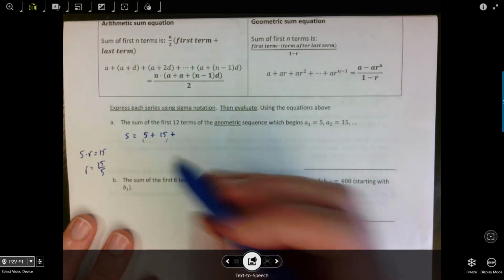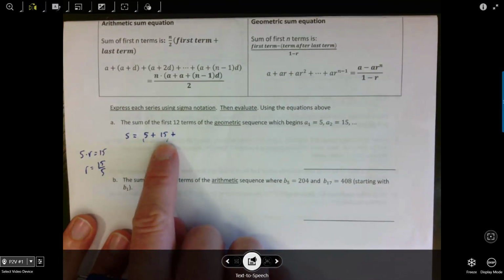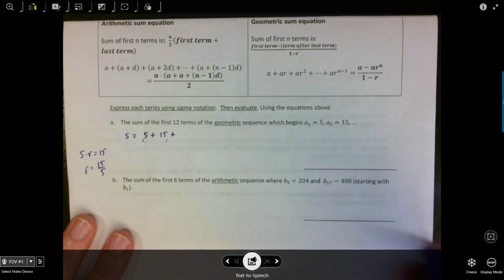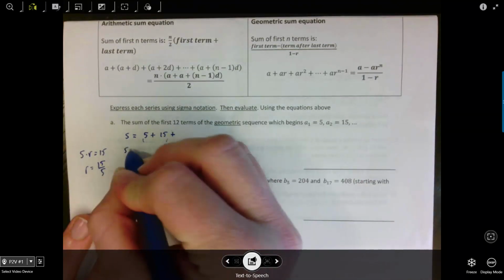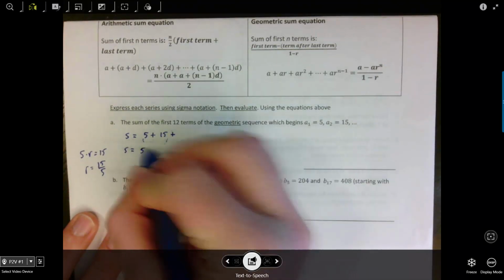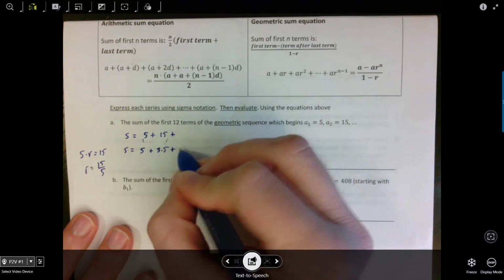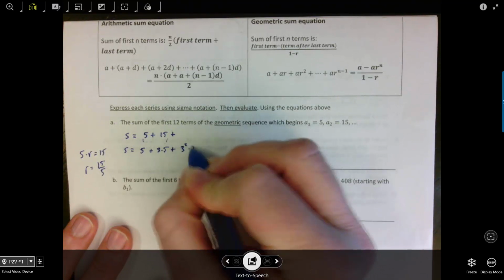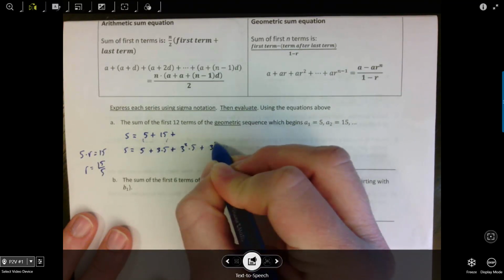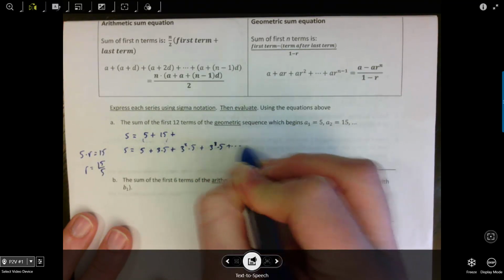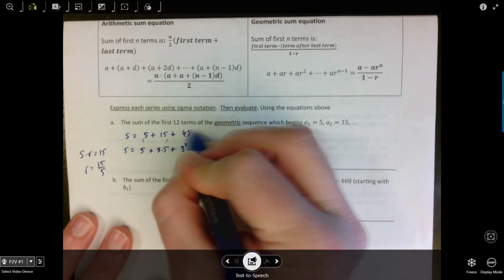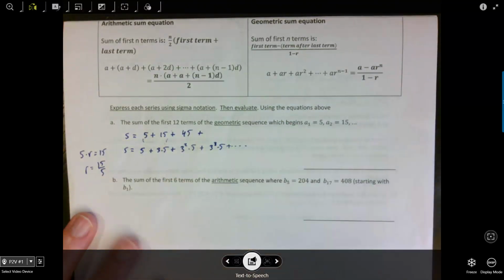Okay, so that's 3, which you could have just seen by looking. If I wanted to rewrite this expressing the structure more clearly, this is 5, and this is 3 times 5. And then the next one would be 3 squared times 5, and then 3 to the third times 5, and so on. So this would be 45, and so on. All right, let's express it using sigma notation.